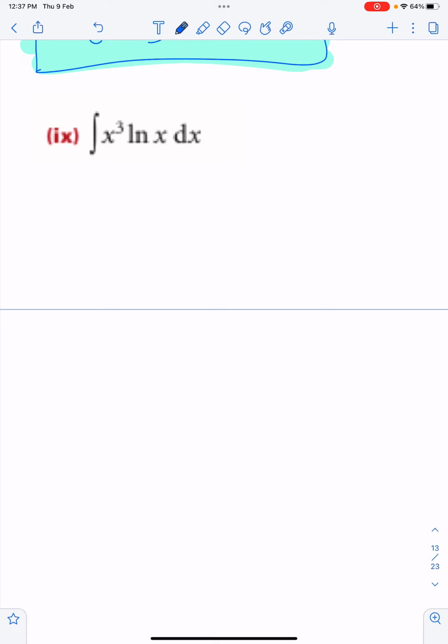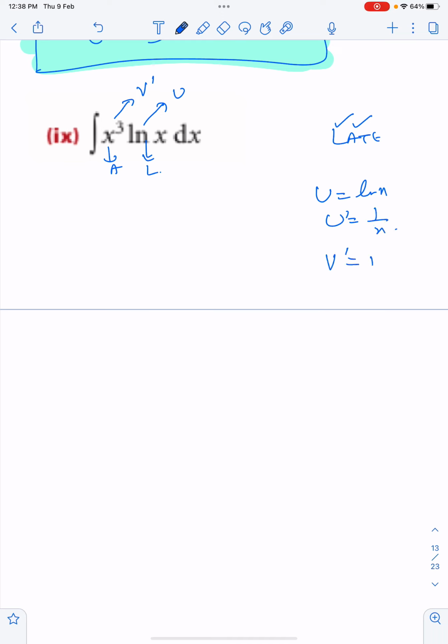This is an algebraic function, this is the logarithmic function, and since logarithmic comes first compared to the algebraic functions in LIATE, you will take this as u and this you will take as v dash. u is ln x, so u dash is going to be 1 upon x. v dash is x cubed, so v is going to be, if you integrate this, x to the power 4 upon 4. Okay, let's use the formula uv minus the integral of v u dash.